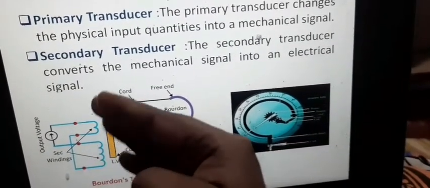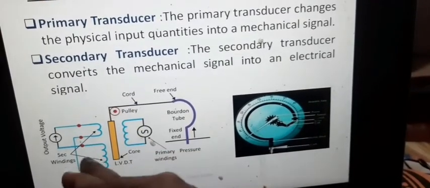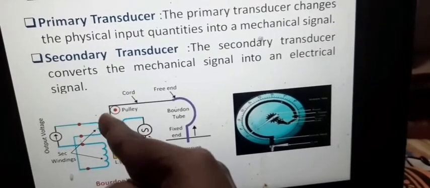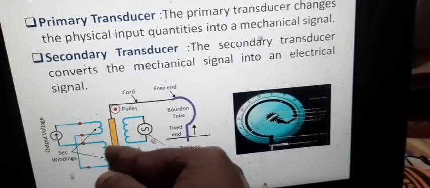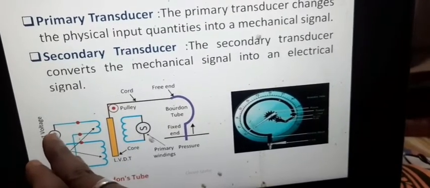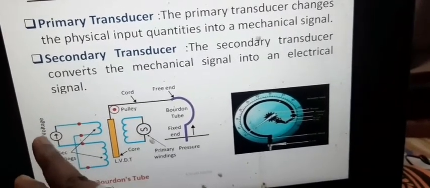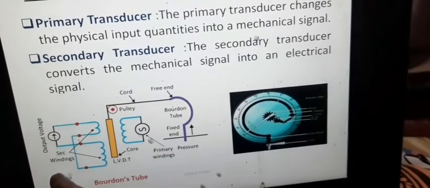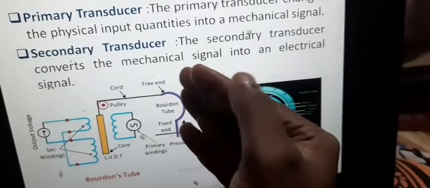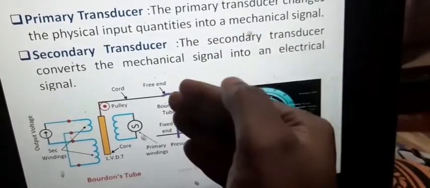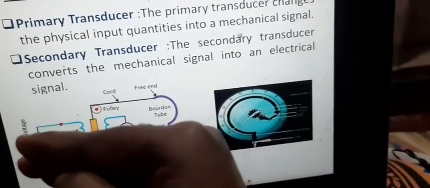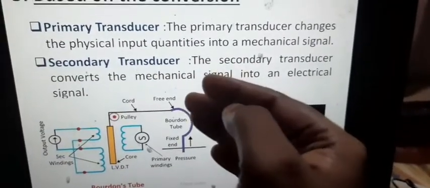In this way, because of the movement of the core, there is a difference in electromagnetic force. That difference generates a difference in voltage, which is read by the voltmeter. So here we convert the displacement into an electric signal or voltage. So this is basically a secondary transducer.